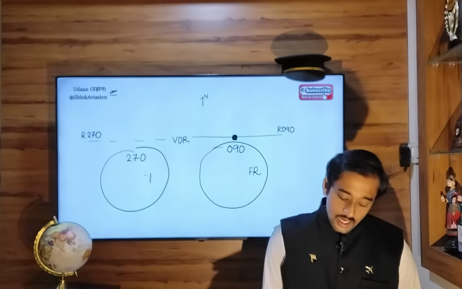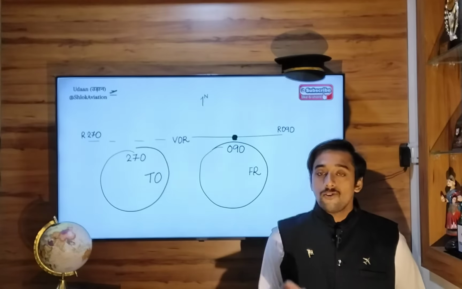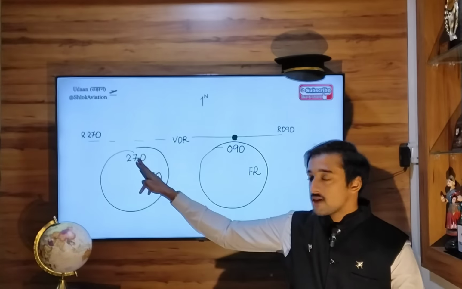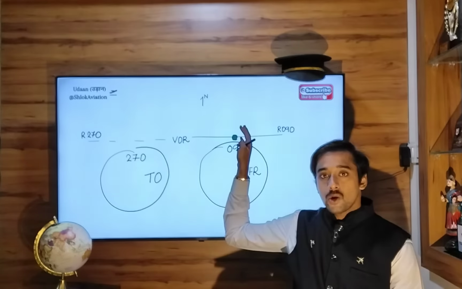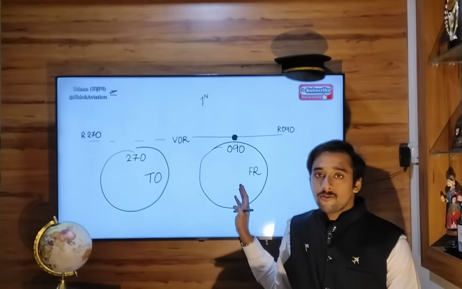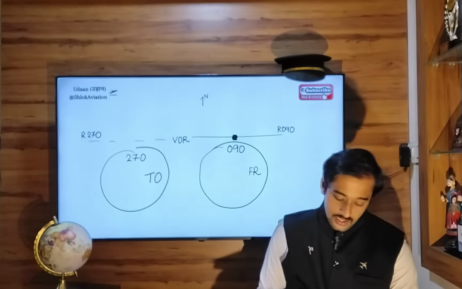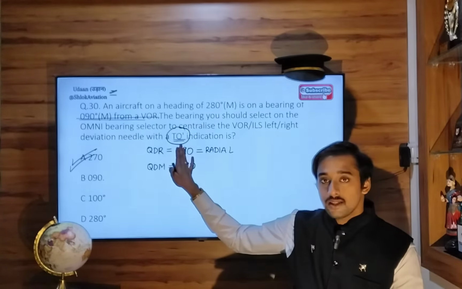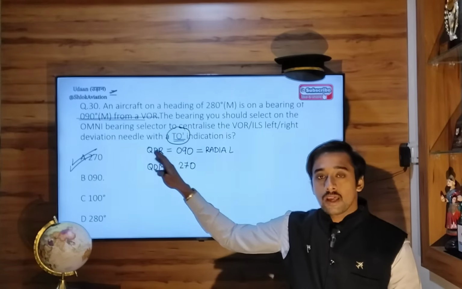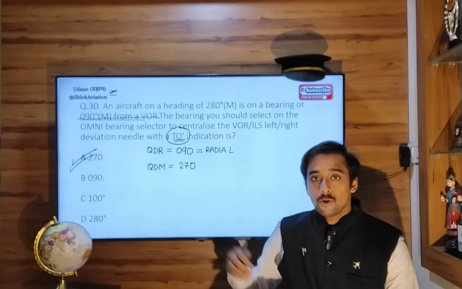In that case, you will get a to indication. So if you are flying inbound, you put 270, you obtain to indication. If you are flying away from the VOR, you put 090 and you get from indication. So the correct answer will be 270. If you want a to indication, you put 270. If you want a from indication, you put 090.